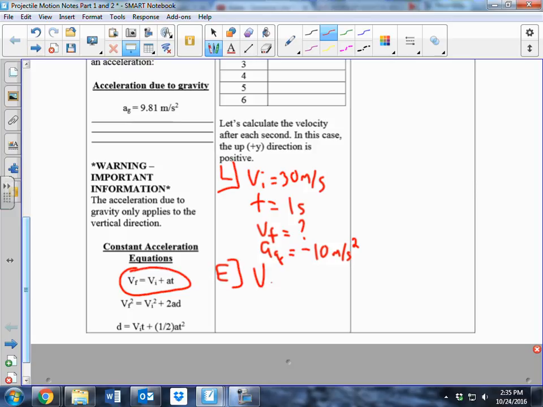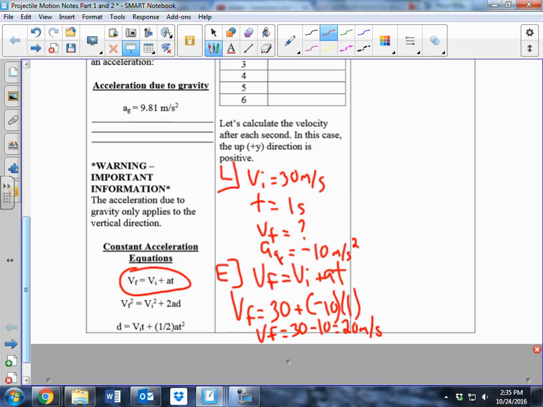Then VF equals VI plus AT. My final velocity is going to equal my initial velocity, which is 30, plus negative 10 times 1 second. So I get VF equal to 30 minus 10 equals 20 meters per second, and that's my answer.